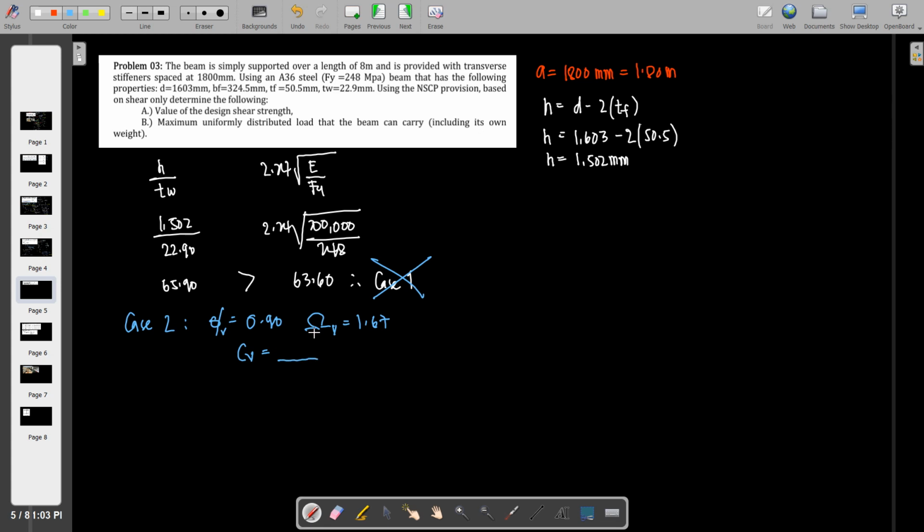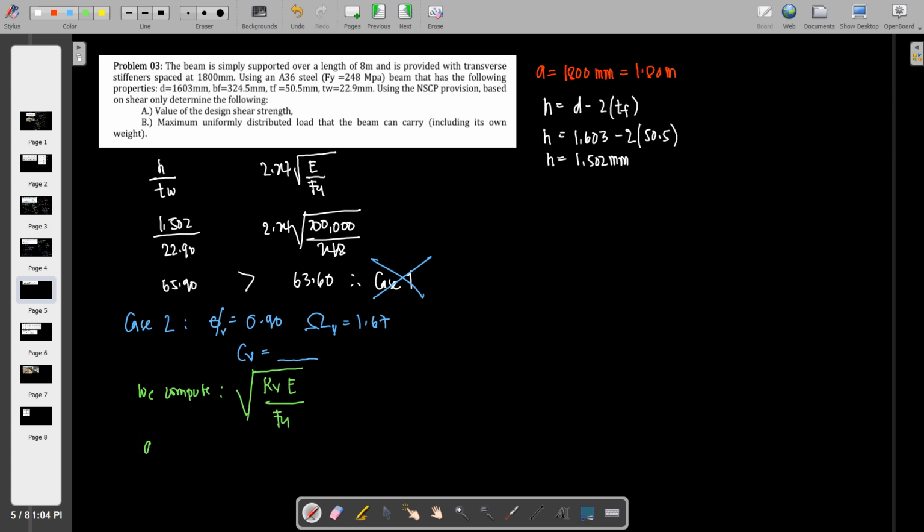So if this is the scenario, we compute for this expression. Square root of KV times E all over Fy. A prerequisite KV here is to be calculated. Ito yung tinatawag na web buckling coefficient. So, it's obvious, no, na ito will fall under stiffened members, no?